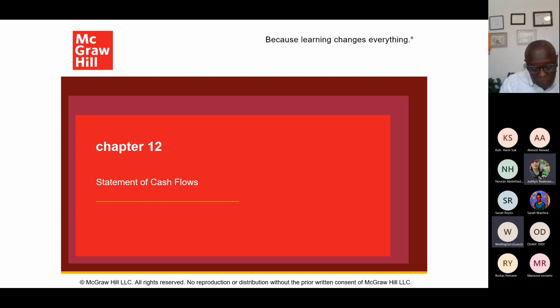Okay. All right, sir. How to get cash flow from financing? One, we look at the equity, the stock equity side of the balance sheet. Then we collect all the issued shares.